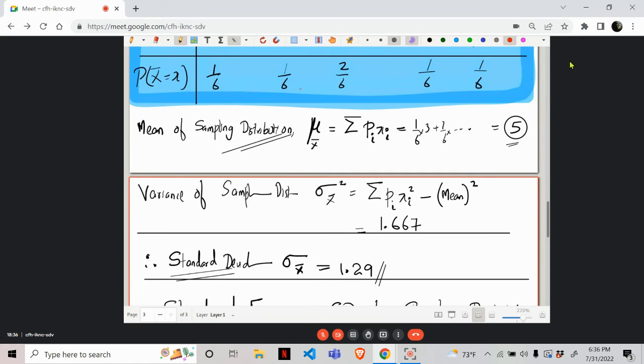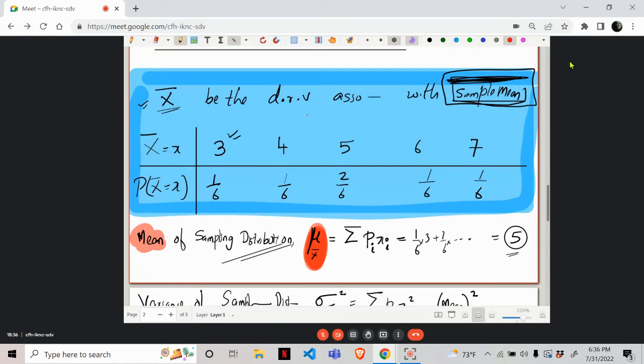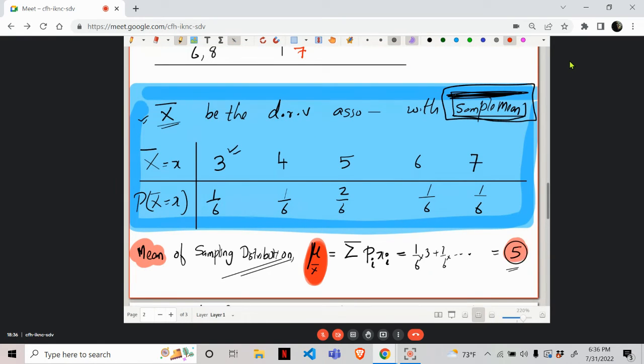From where did we get mu x bar? Mu x bar means the mean of the sampling distribution. So you have to understand that this mu x bar is from samples. From where did we get this value? By using, come on, answer. Table. No, from the sampling distribution.